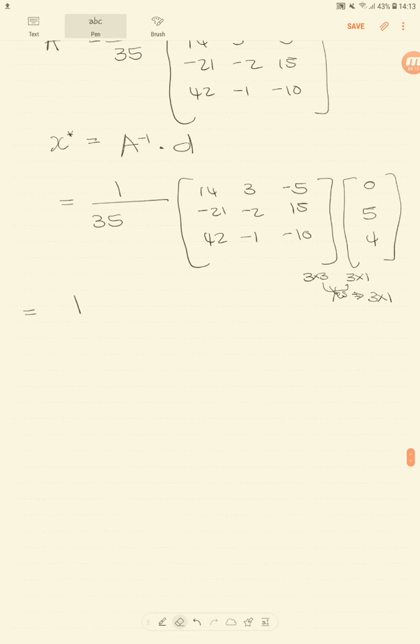So our 1 over 35 remains where it is, and then we simply multiply these two with each other. So we take row 1 times column 1. So that will be 14 times 0 plus 3 times 5 plus negative 5 times 4.